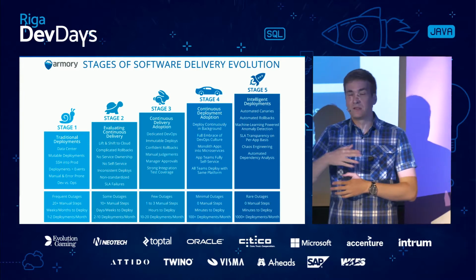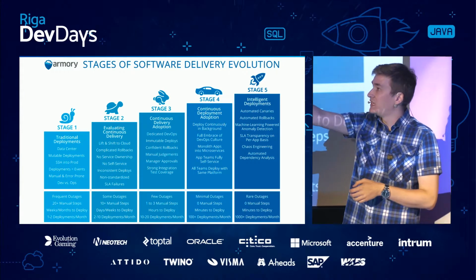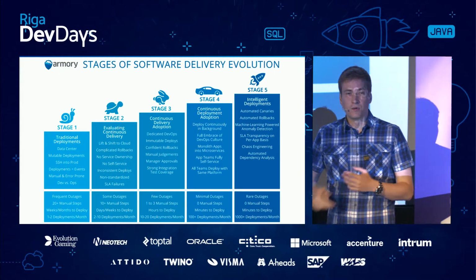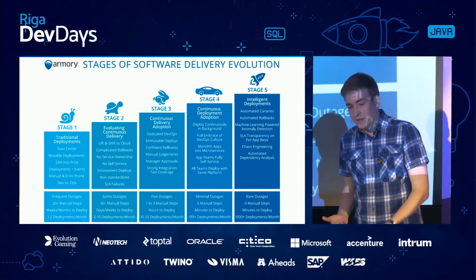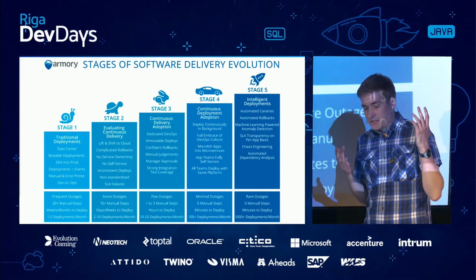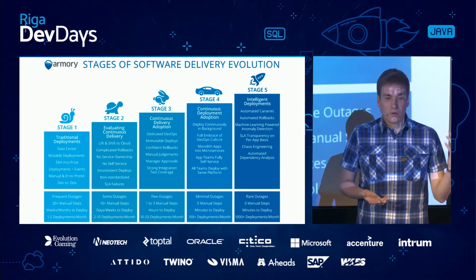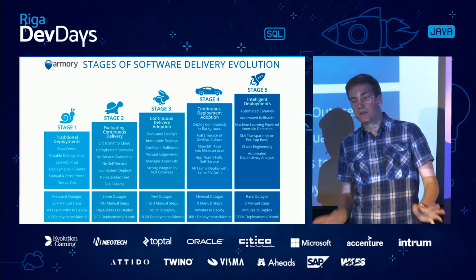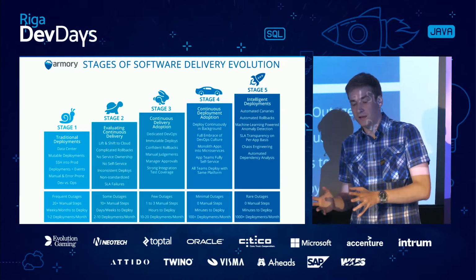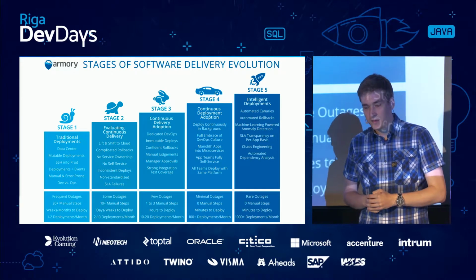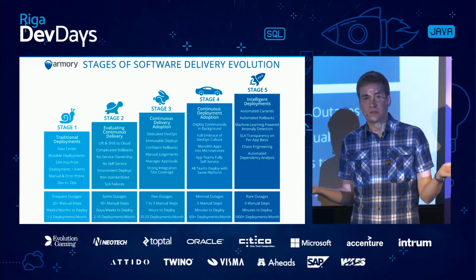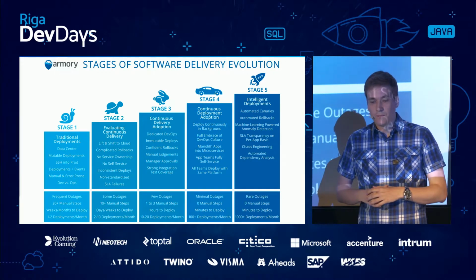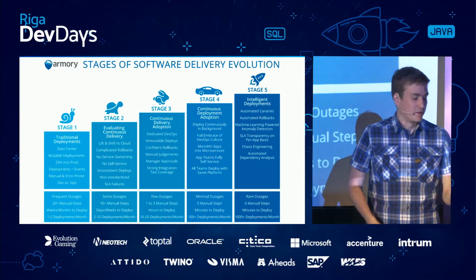So Spinnaker allows you to make these steps from stage 1 all the way to stage 5 in a really easy way. And I've seen that at some of my clients where we use Spinnaker and we still use it. It's just so easy to get people who have no experience whatsoever with cloud to get running things in our cloud environments. And I think that's an important thing to have. We're not all Silicon Valley companies, right? So it's a really easy tool to use in that sense.